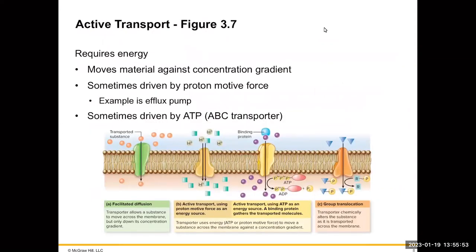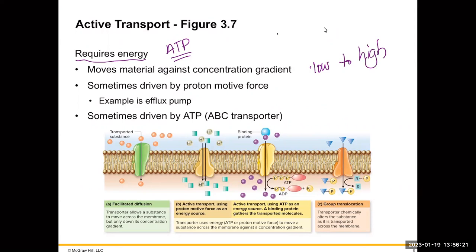Okay, now active transport, I don't know that I need to go over this again. Active transport, remember, it requires energy. So energy, we say lots of times it's ATP, right? And active transport, we're going to move against the concentration gradient. So we're moving from low to high.